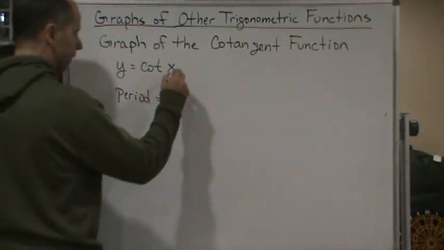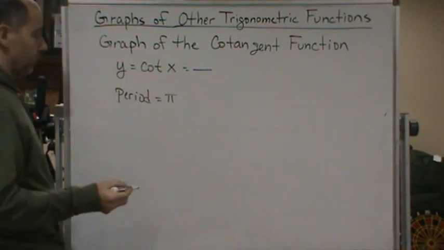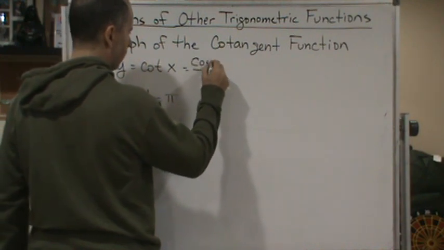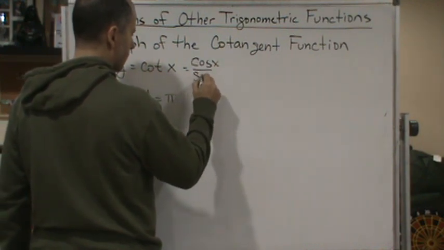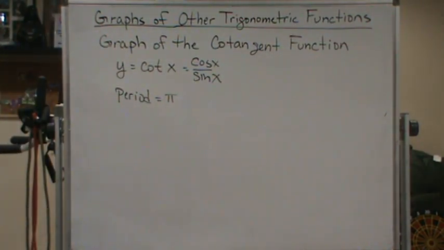Now the identity, remember, of cotangent is the reciprocal of tangent, so it's going to be cosine x over sine x. And so the asymptotes are going to occur whenever sine x is equal to 0.